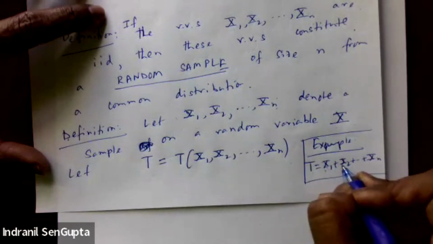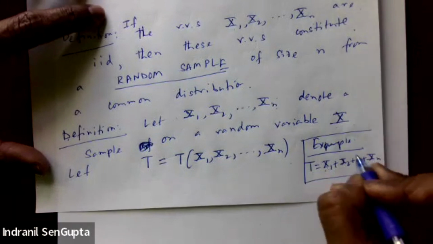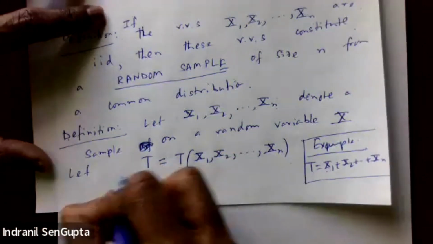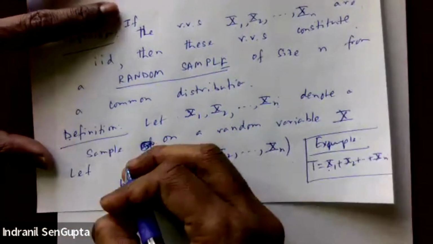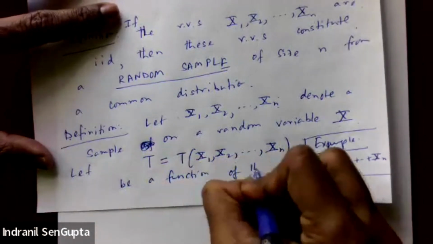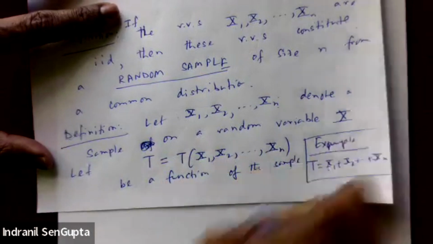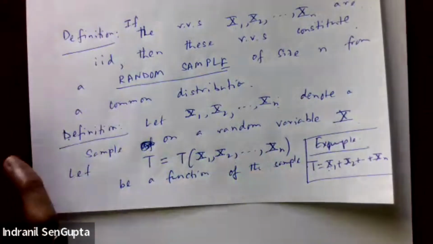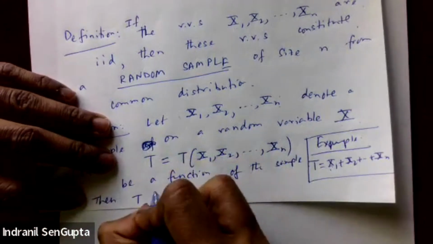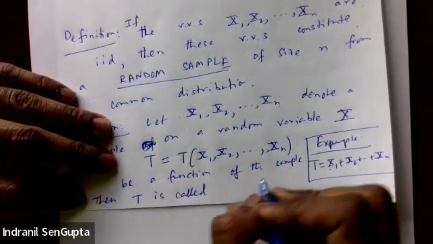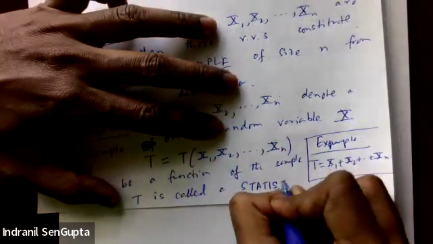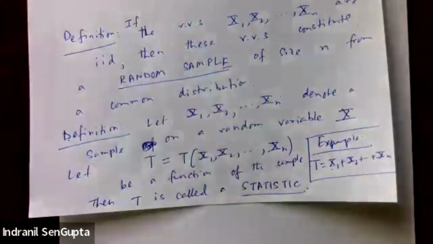It can be X1 squared minus X2 squared plus X3 squared minus X4 squared, or whatever. Any function T. So let this be a function of the sample. Then T is called a statistic.